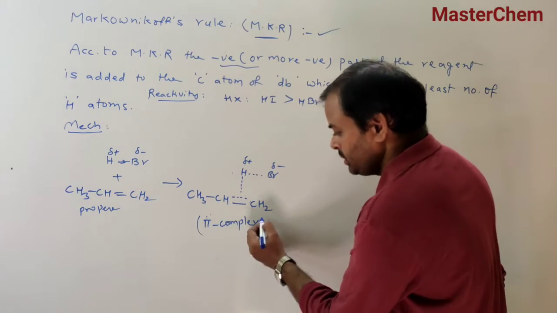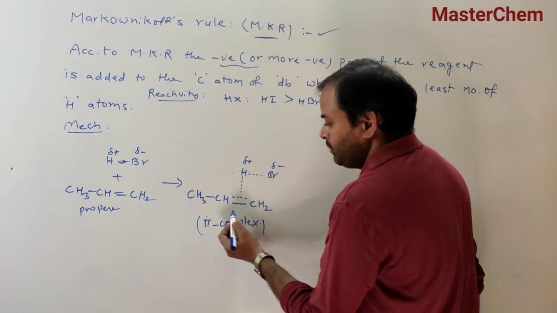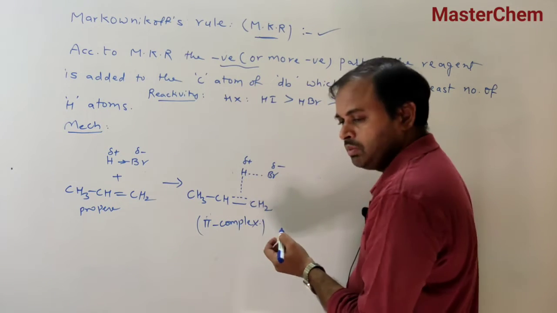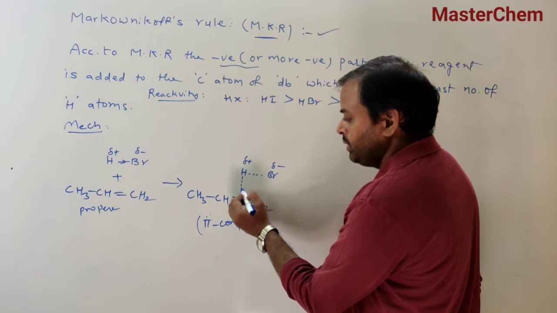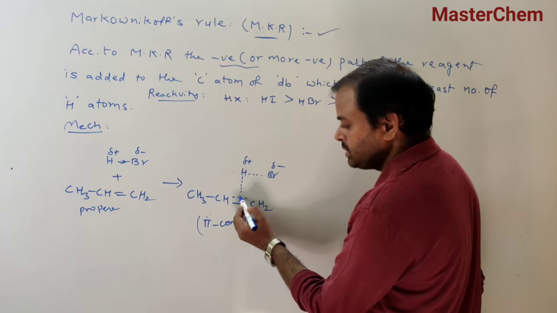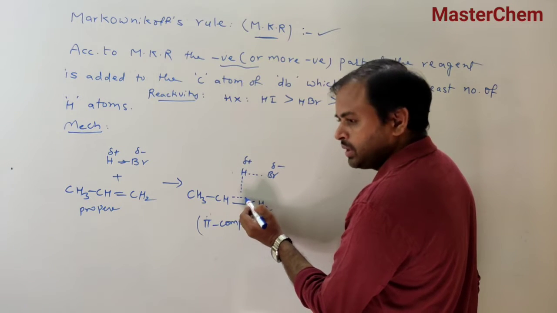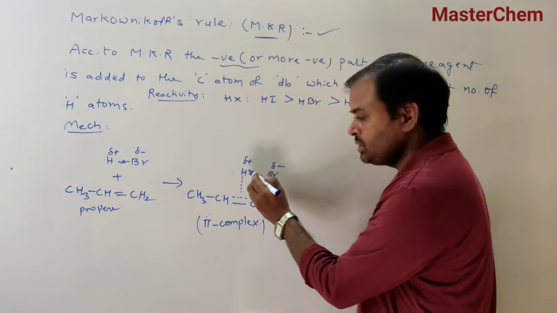This is important. What is a pi complex? Now cleavage of the double bond takes place and a bond is formed between either of these carbon atoms and hydrogen, because the pi system is electron rich and here H is positive, meaning electron deficient.